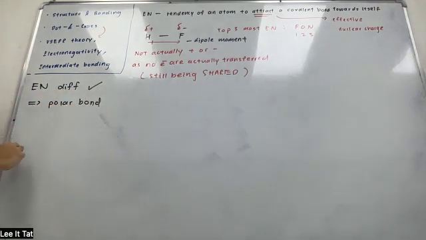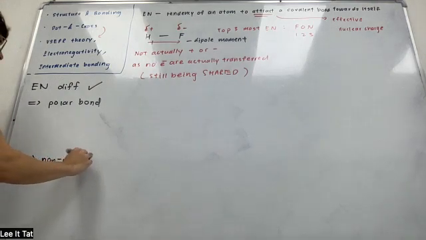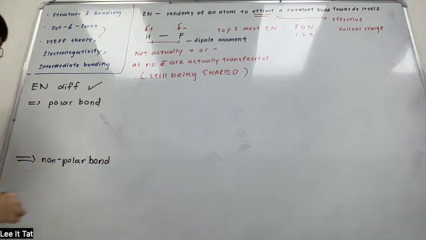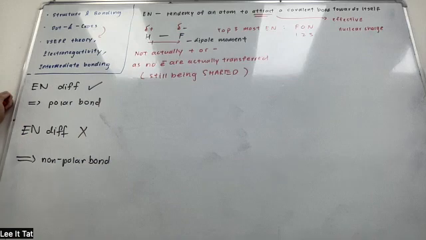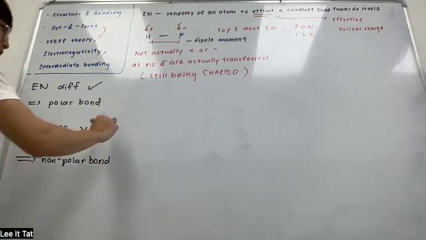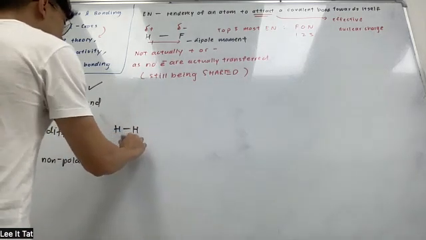Now, the opposite of polar is non-polar. Can you all tell me what you think a non-polar bond means? No electronegativity difference. In what kind of bond will you see no difference in EN? If the atoms are the same. For example, H-H, Cl-Cl.